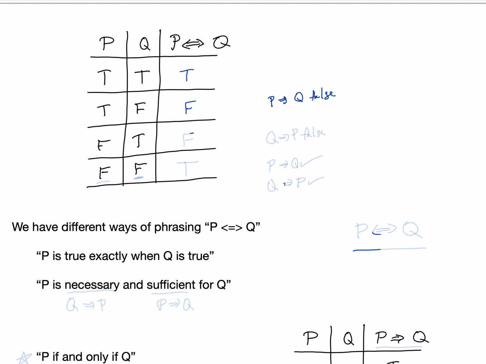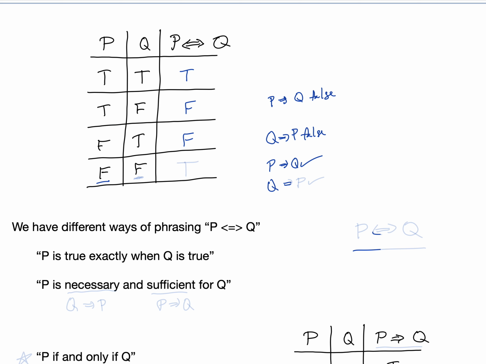If P is false and Q is true, then that means that Q implies P is false in that case, so this would be false. And again, now if P is false and Q is false, then P implies Q is okay. We made a promise with P, but that first piece turned out to be false, so the whole statement is automatically true.